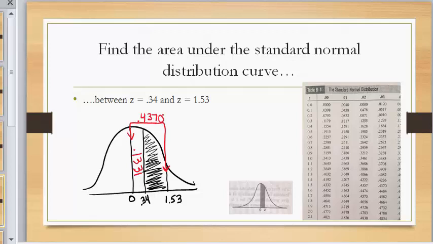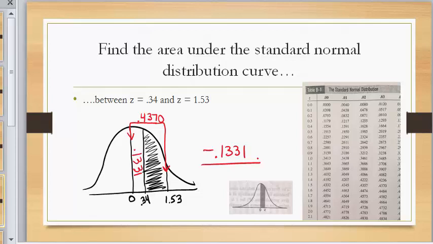Now, what do we need to do with these two numbers in order to get our answer? Well, we said in the last couple of slides that if we have a number that is referenced to a part of the curve that is not shaded, we would subtract that. So I know that this 1331 should be subtracted off of something because it is not shaded. So what would we need to subtract it from? Keeping in mind that the 4370 has to have something to do with it.